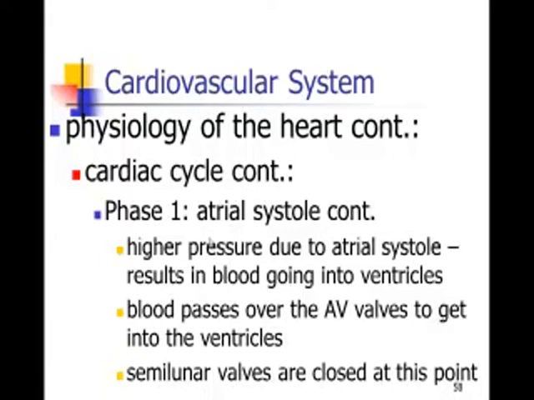And you might wonder, why are they closed? They're closed because of the last contraction. Remember that during the contraction phase of the ventricle, blood goes into the pulmonary trunk from the right side and the aorta from the left side, causing those walls to stretch. And then when the ventricle relaxes, those vessels start to go back toward their normal size by contracting, and they push blood back toward the heart, closing those semilunar valves, and they hold them closed until the pressure in the ventricle is high enough to blow them back open.